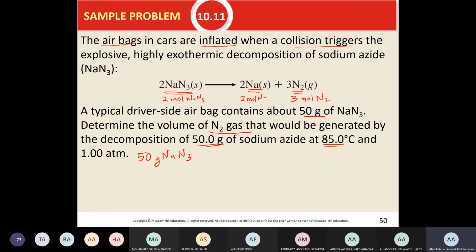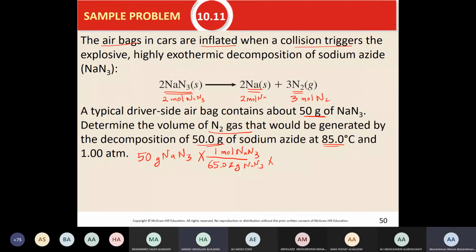How many moles? What should you do? Divide by the molar mass. Okay, go ahead. Find the molar mass and give it to me quickly. 65.02. What should I write at the top? One mole of NaN3.